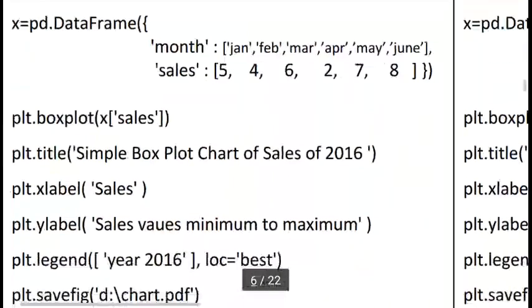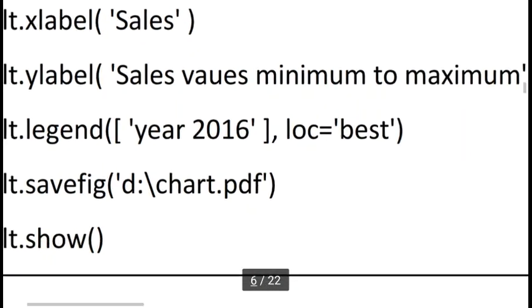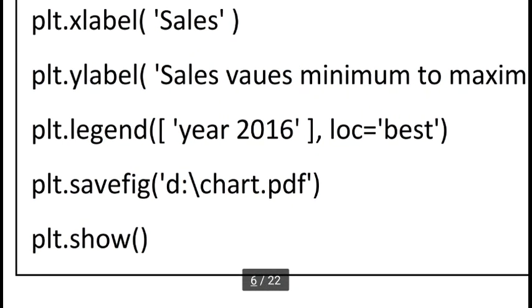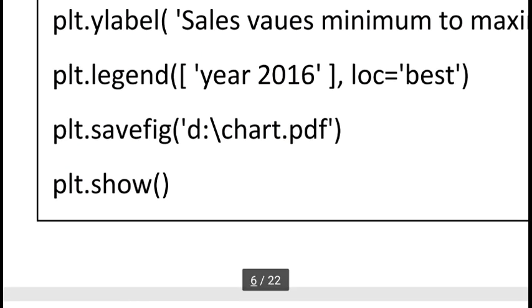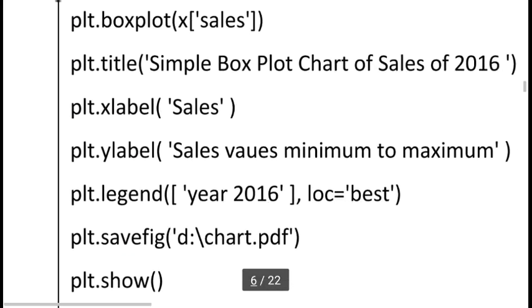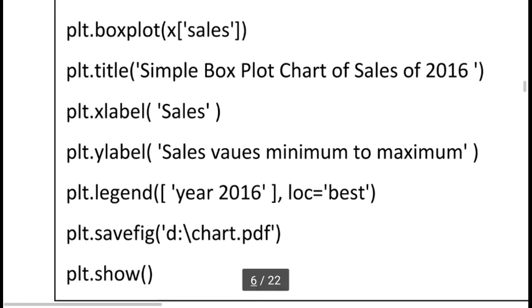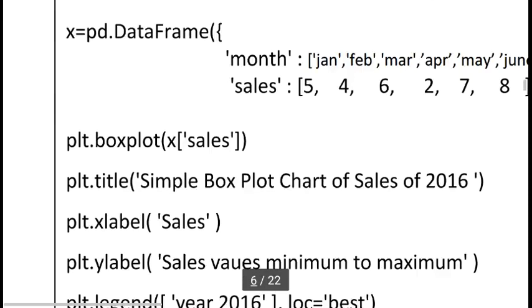In the D drive location, with the file name I already decided, chart. So this chart will be saved in the D drive with the file name chart. And the last thing is plt.show, always use it, otherwise our chart will not show. So to create the box plot we use the boxplot function, title, xlabel, ylabel, legend, savefig and show.